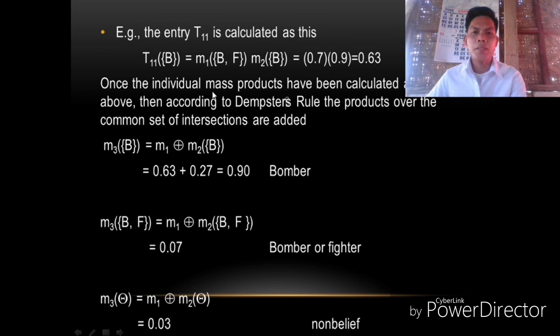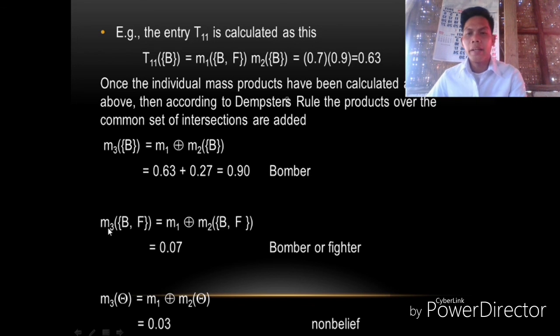Once the individual mass products have been calculated as shown above, then according to Dempster's rule, the products over the common set of intersections are added. So M sub 3 of B equals M sub 1 and M sub 2 of B equals 0.63 plus 0.37 equals 0.90. So that means it is the bomber.